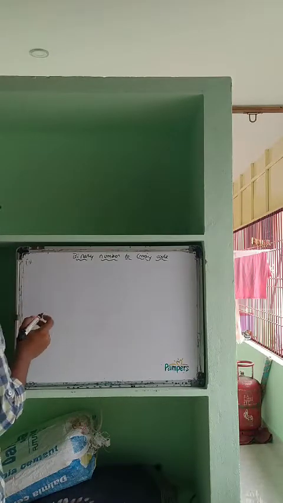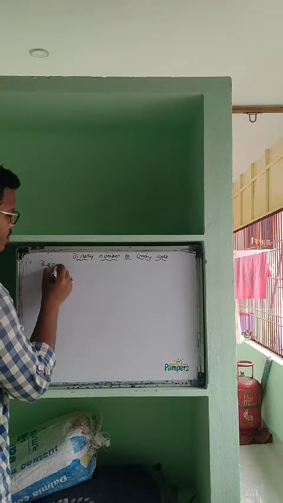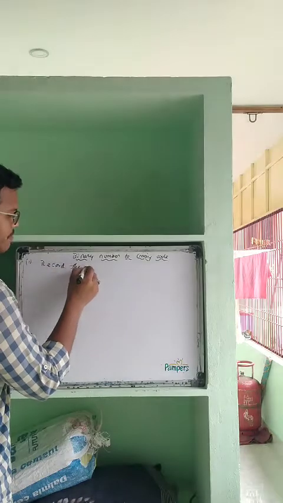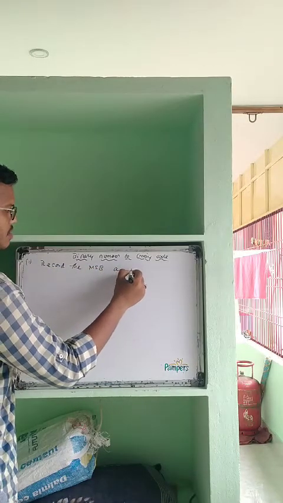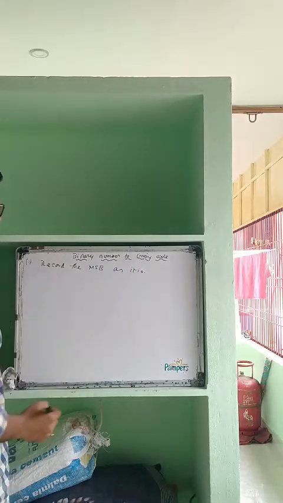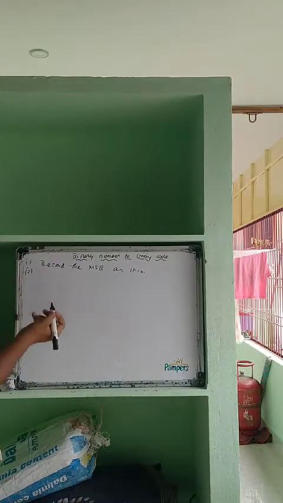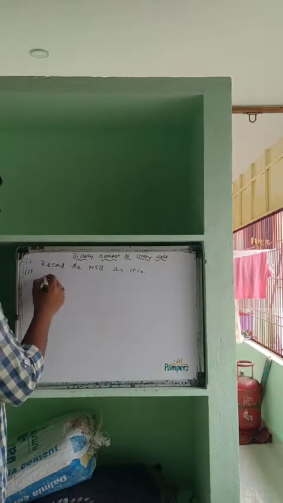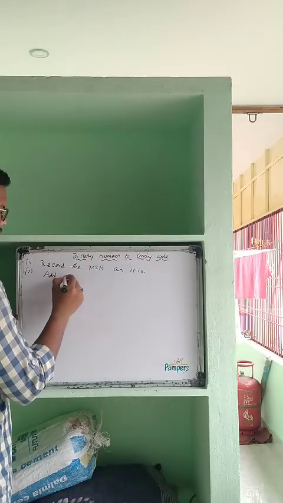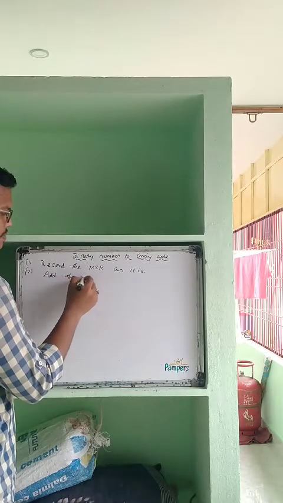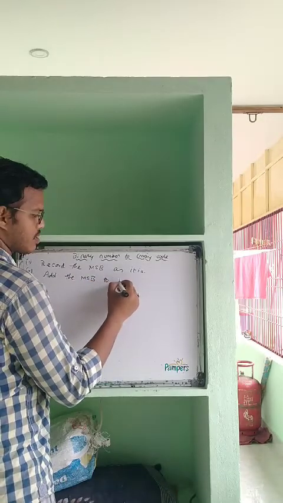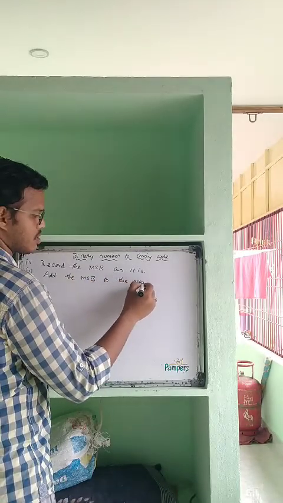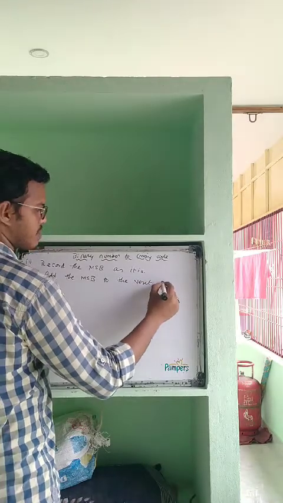First point: we have to record the MSB as it is. Second point: add the MSB to the next bit.